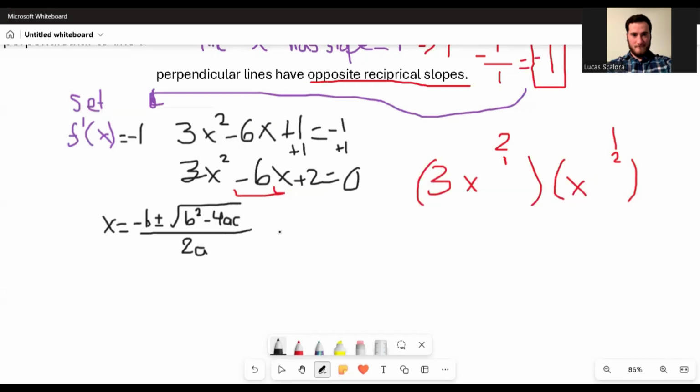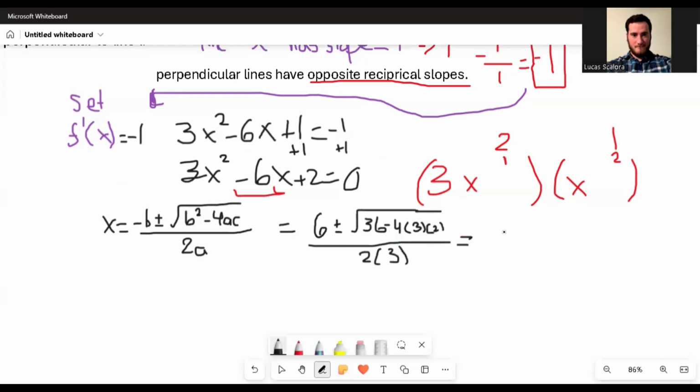So negative b, well, b is negative 6, so this is positive 6, plus or minus the square root of b squared, that's negative 6 squared, which is 36, minus 4 times a times c, so 4 times 3 times 2. And then that whole thing divided by 2 times a. Well, a is 3.